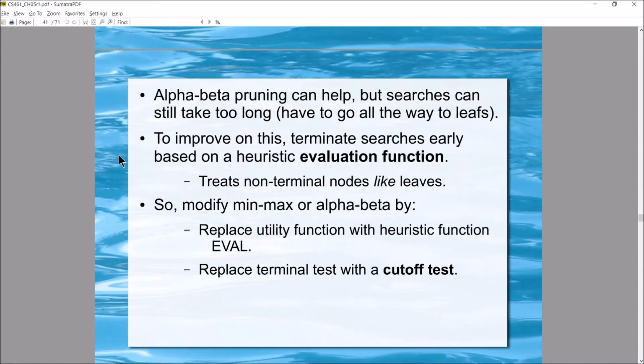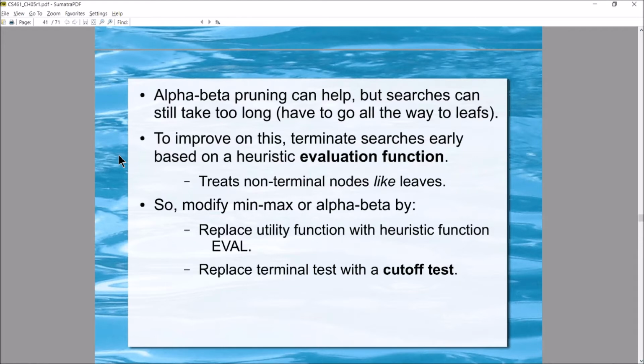So alpha beta pruning, as we saw in section 5.3, can definitely help speed things up in terms of the AI determining what move it's going to make. But even that can still take too long, depending on how big your search tree is, because you're still going all the way to the leaves of the search tree.